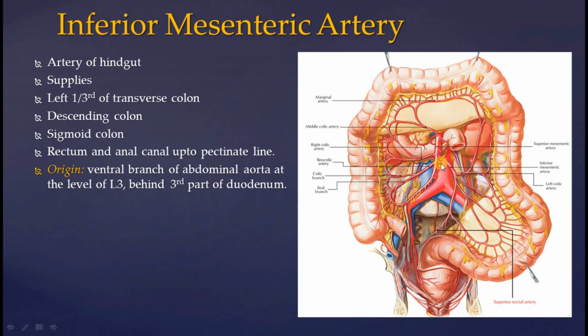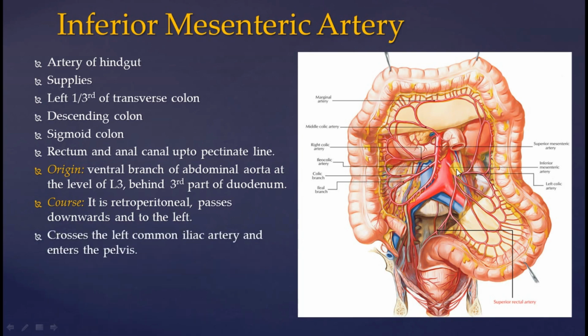It is a ventral branch of the aorta at the level of the L3 vertebra, the third lumbar vertebra. It arises retroperitoneally on the posterior abdominal wall, runs to the front and towards the left side, passes downwards and to the left, and then crosses the left common iliac artery.